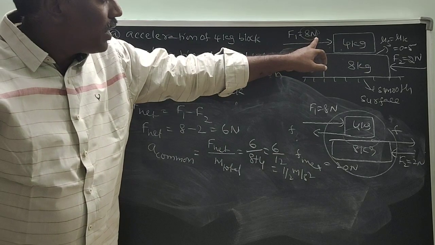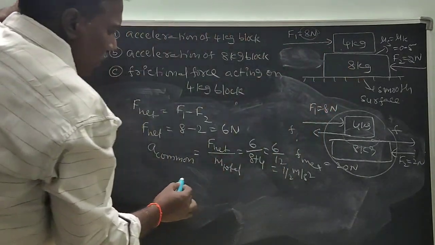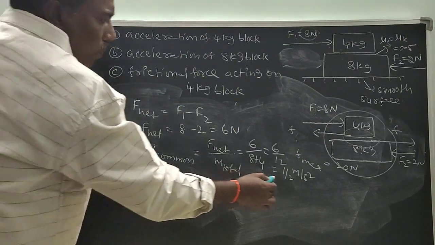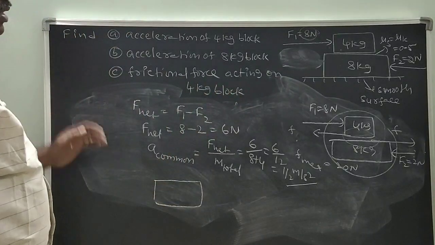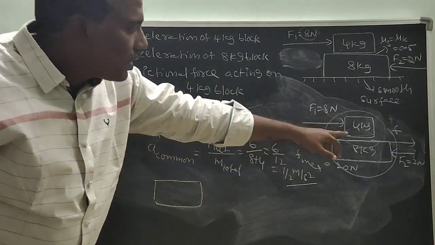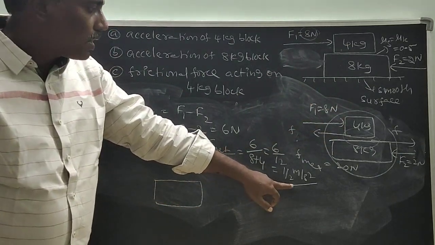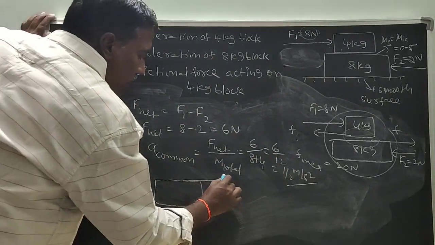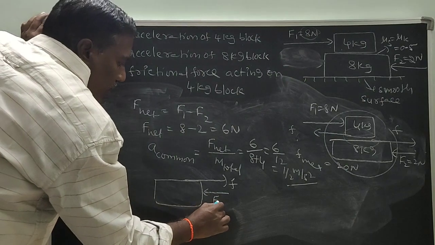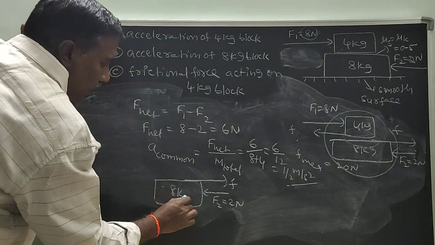Here F1 is equal to 8 Newton. On the 8 kg block, what is the frictional force required to produce half meter per second square? Here the frictional force is in this direction, the applied force is in this direction, F2 is equal to 2 Newton. The mass of the block is 8 kg.